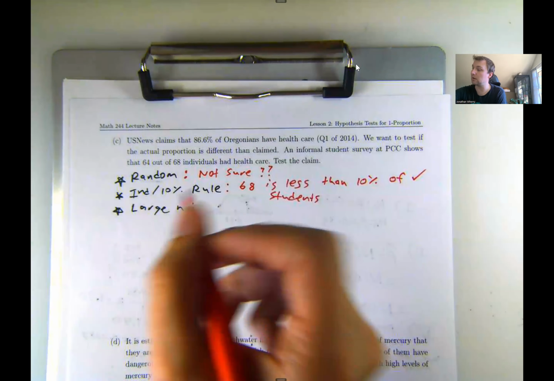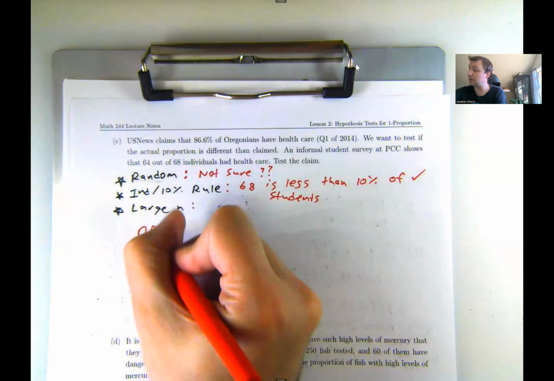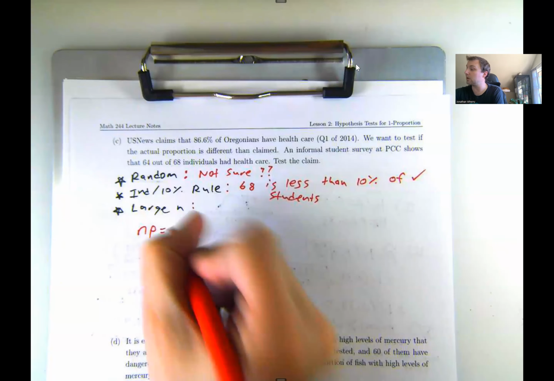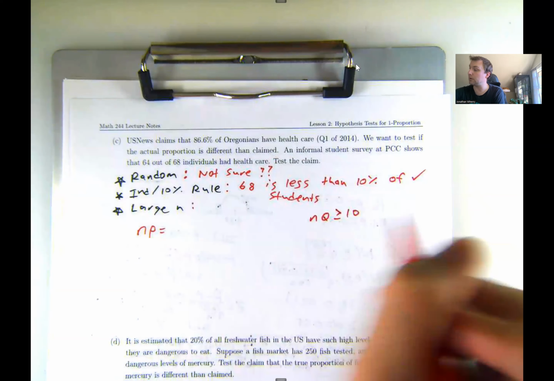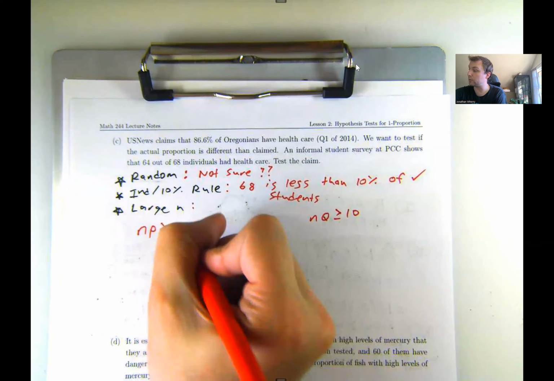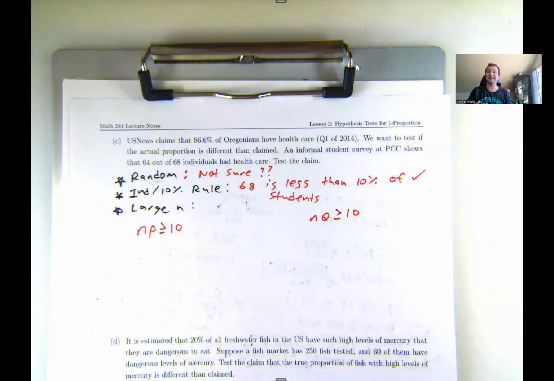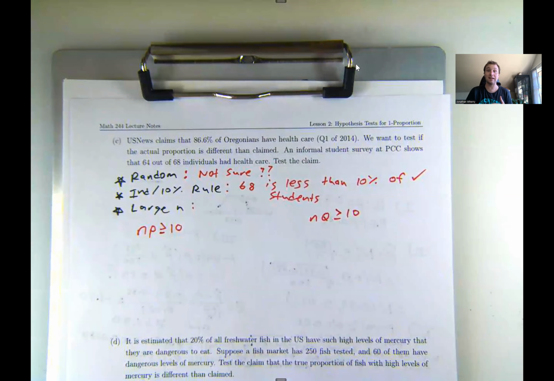Large N, I'm going to check N times P, and I'm going to check N times Q. And both of these should be bigger than or equal to 10. I need to have at least 10 expected successes and at least 10 expected failures. N times P, I have 68 samples.